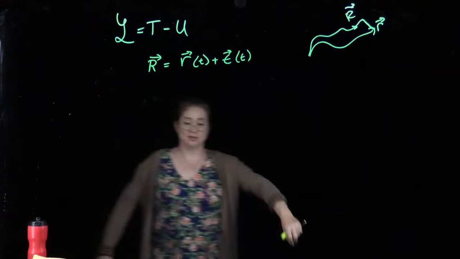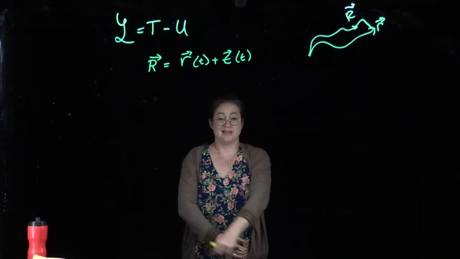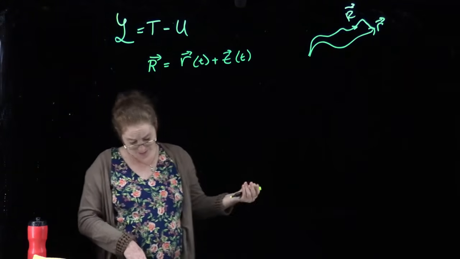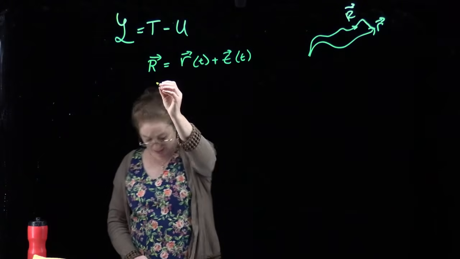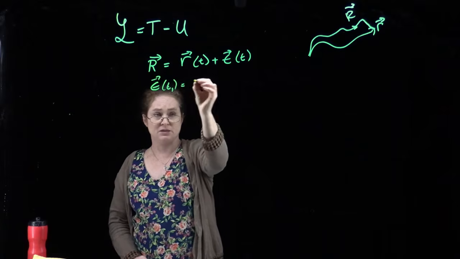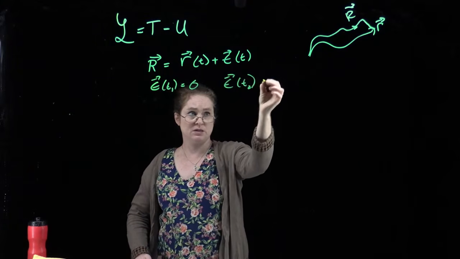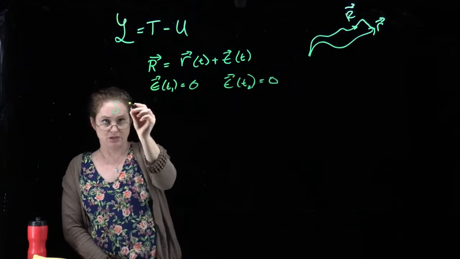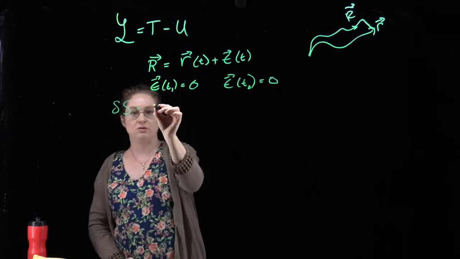If you have something that is moving on an angle, you're only going to consider deviations along that path that are allowed by the constraints. And that really is saying that epsilon at T1 is equal to 0, and epsilon at T2 is also equal to 0. We want a slight change in the action to be 0.